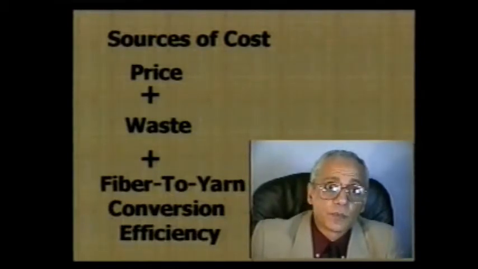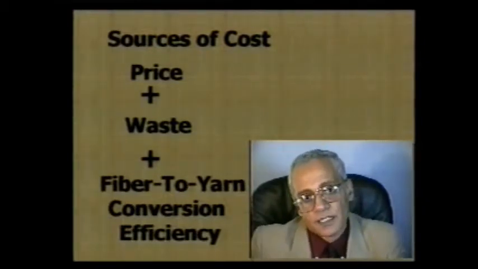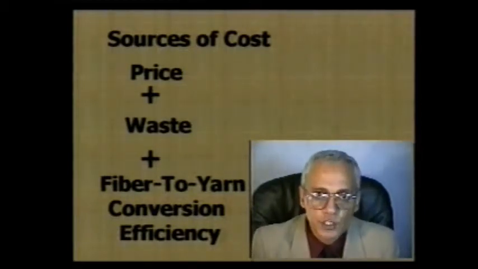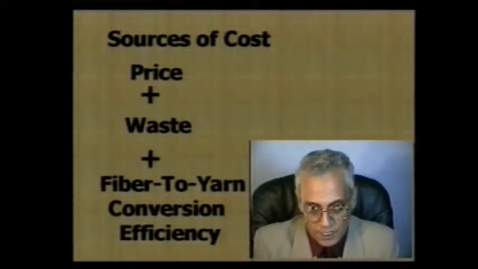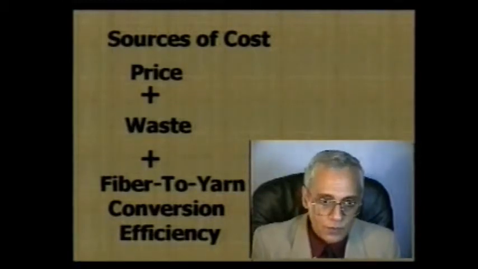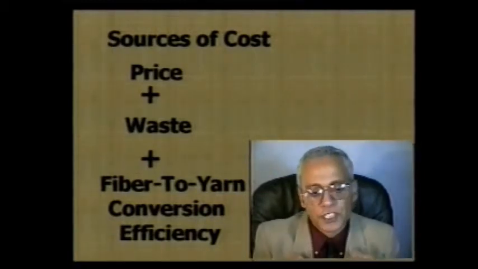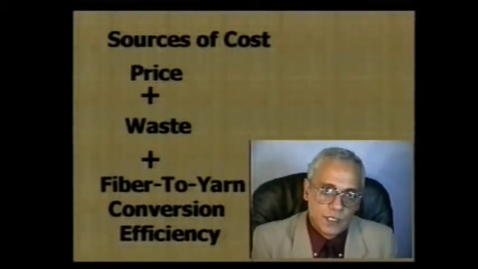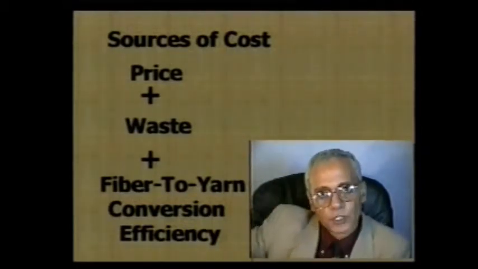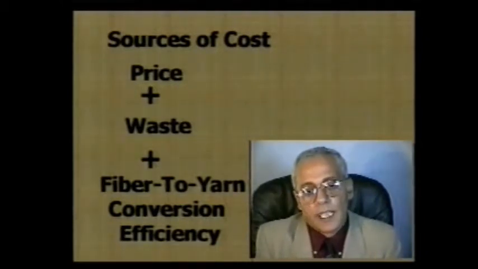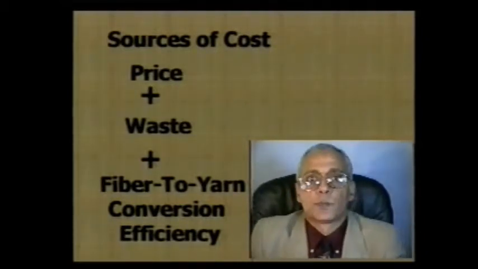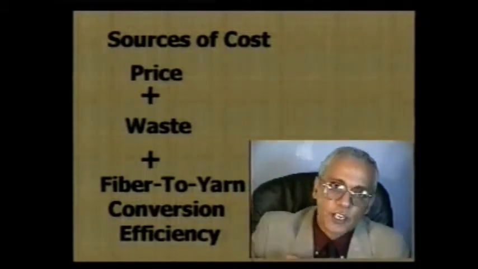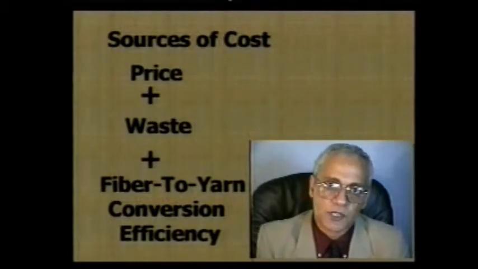The other source, which not many of us think about that much, is the fiber to yarn conversion efficiency. We need to ask ourselves whether we are really utilizing the raw material into a yarn to its ultimate potential. To give you an example that many spinners are familiar with, look at the yarn strength versus fiber strength.